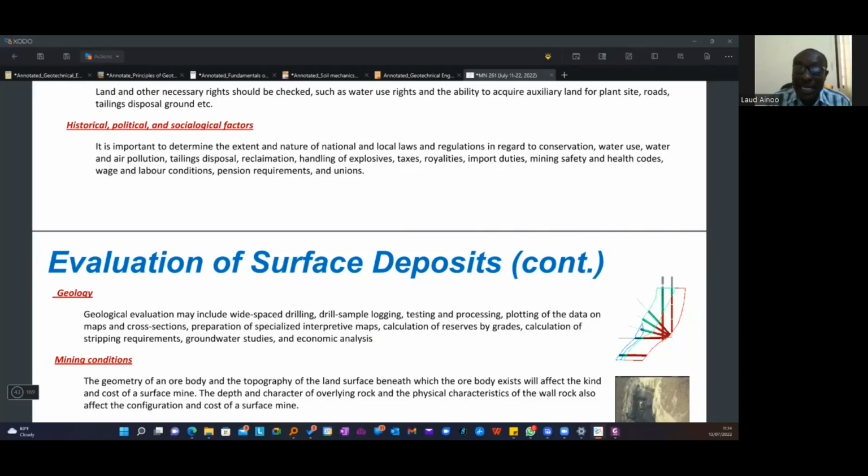So there is a need for you to check all those things even before getting a concession to mine. The mineral right is the ore, which is on the land, and the surface right, the landowner can plant trees, do anything that he wants. So you see the government for the mineral rights, and you see the landowner too as well.